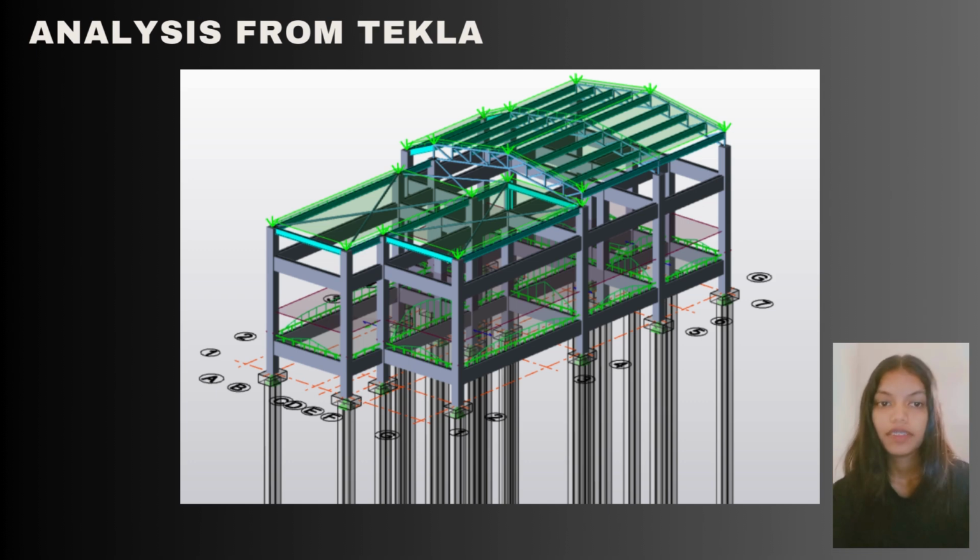For the analysis, in this Tekla structure model, we see a comprehensive structural analysis of a single-story building. The model features multiple horizontal beams, which are crucial for supporting the floors and roof, and vertical columns positioned at the building's corners and internal points to bear and transfer loads to the foundation.